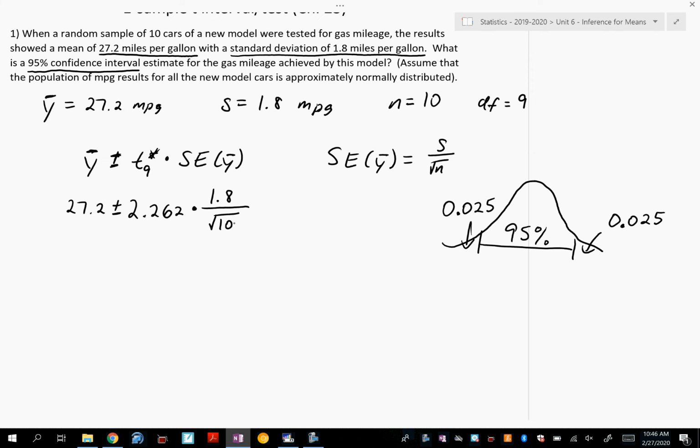Okay, so if we use our yellow calculators, we can multiply 2.262 times our standard error. Just give me a second. Oh, well, Douglas, if you type in 2.622, that's going to be a problem.